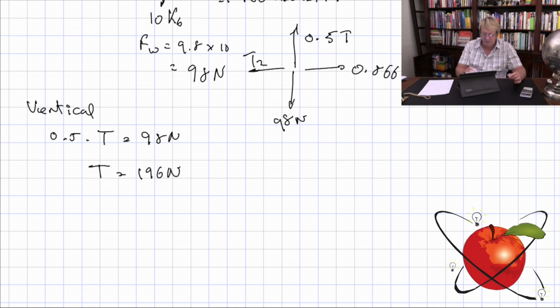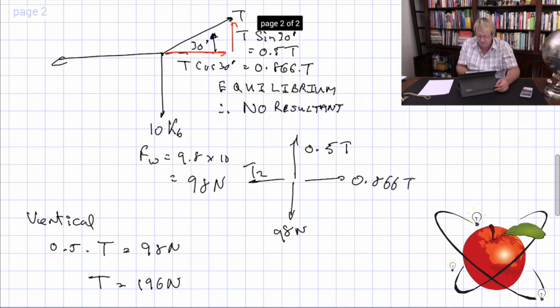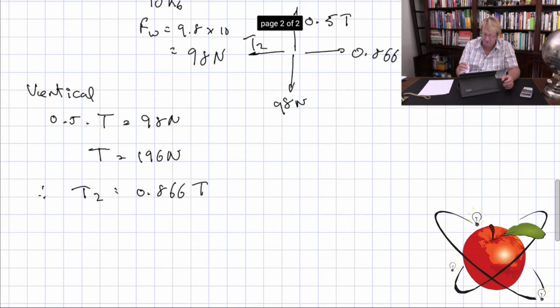Now, hold on. Now we know t. So we say, therefore, T2 must be equal to 0.866 times t, correct? Because let's just scroll it back and have a look. Can you see there? The T2 must be equal to 0.866 times the t. Now we can work out what T2 is going to be.